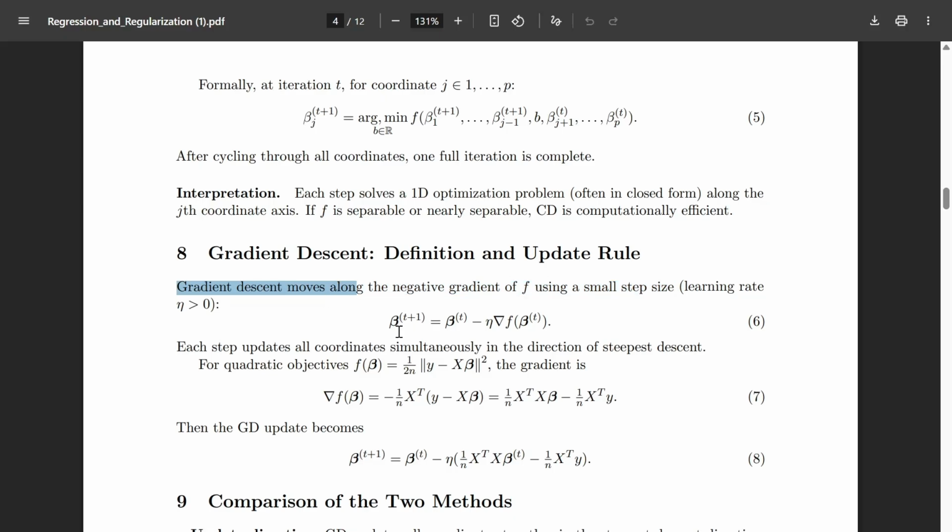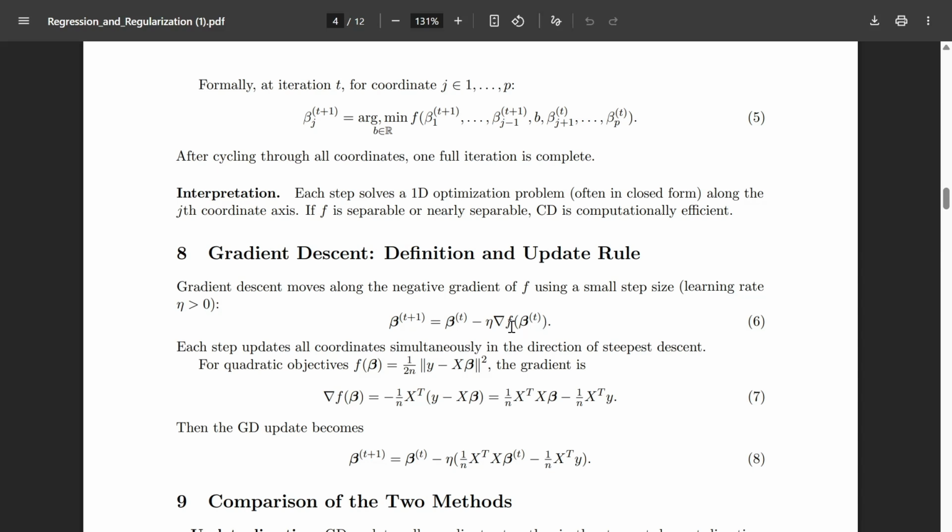The next iteration of our parameters is the previous iteration minus the learning rate times the gradient of the loss function.